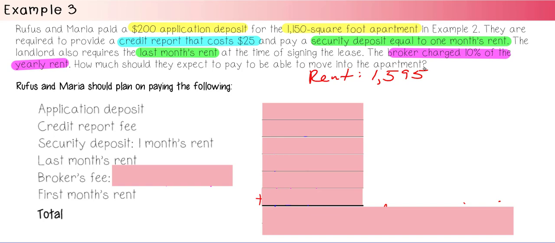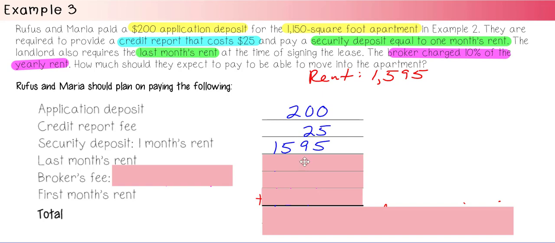Okay, so the first thing we need to put is the application deposit of $200. The credit report fee, that costs $25. That's highlighted in the blue. Security deposit is 1 month's rent, so the rent is $1,595, so that's what goes there. We need to have last month's rent, which is also $1,595.